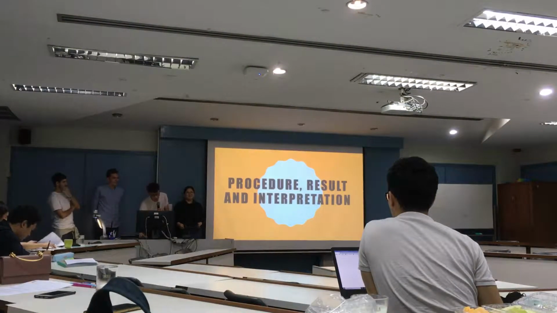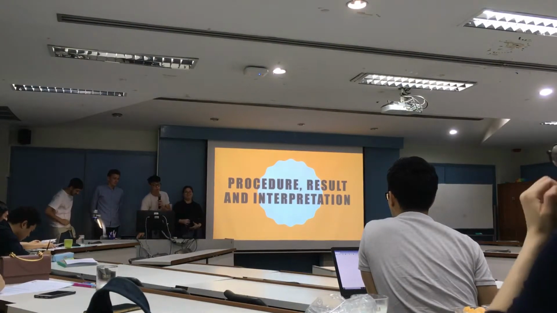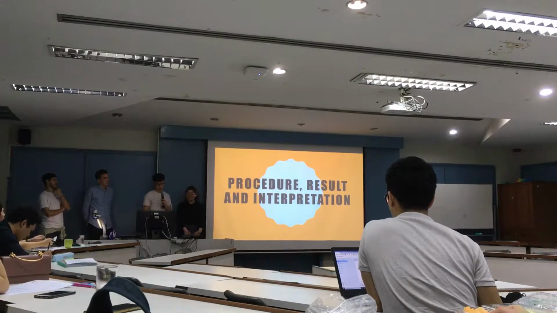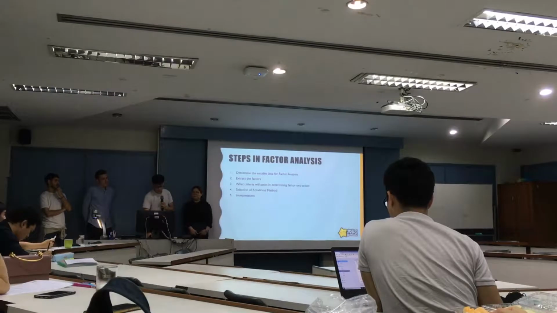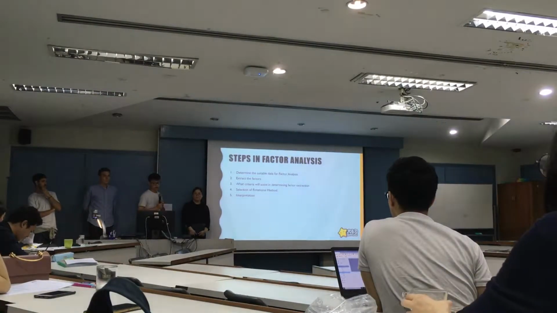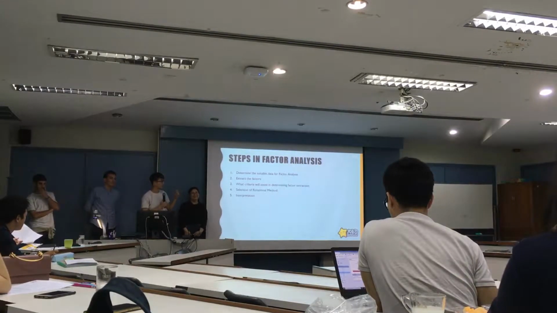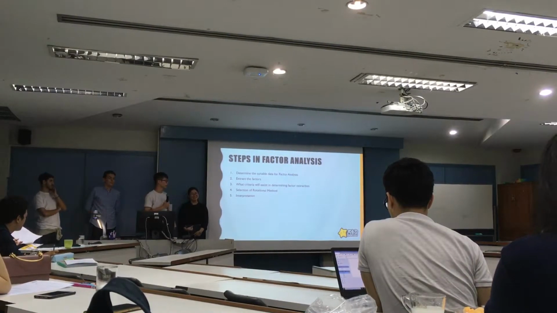We are going to introduce the procedure and the result and how to interpret the result. We are going to introduce the following steps. The first one is to determine whether the data is suitable for the factor analysis.